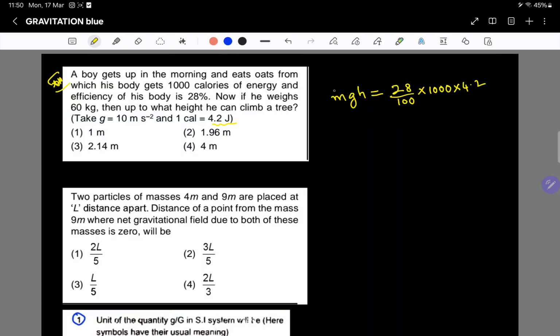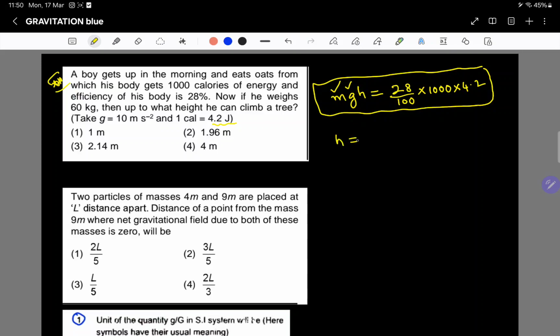The mass of the boy is also given, and acceleration due to gravity, you know the SI value. h is asked, students. Just a formula based question only. So work done in the form of potential energy, mgh, equals 28 by 100 of 1000 calories. In that 1000 calories, efficiency 28% is given. That's why I converted it here: 28 by 100 into 1000 into 4.2, since 1 calorie equals 4.2 joules.